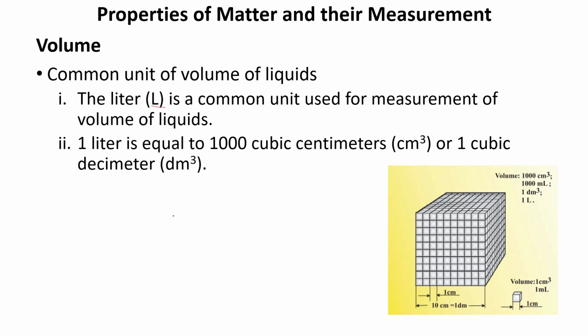1 liter is equal to 1 decimeter cube, meaning the length, breadth, and height of this cube are all 1 decimeter. When you multiply 1 decimeter into 1 decimeter into 1 decimeter, you get 1 decimeter cube, and that is 1 liter.